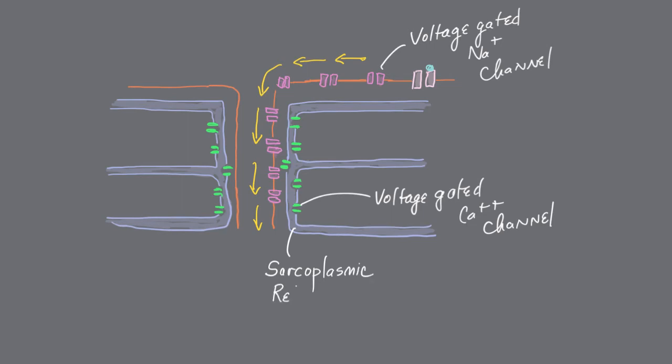So when the action potentials come down, they induce the opening of voltage-gated calcium channels and calcium is released from the sarcoplasmic reticulum. There is more calcium inside the sarcoplasmic reticulum, so the calcium readily diffuses down its gradient from inside the sarcoplasmic reticulum to the outside. So in this way, calcium floods the entire muscle fiber.